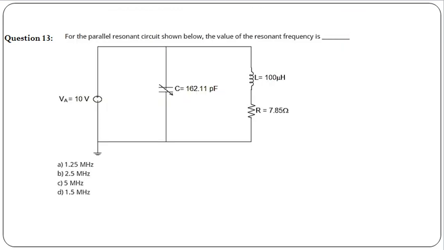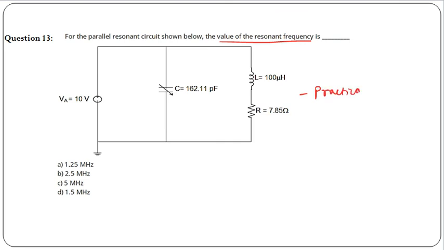Next question is, for the parallel resonant circuit shown below, the value of the resonant frequency is. Here we are having two parallel branches. One branch consists of a capacitor and the other branch consists of a series combination of R and L. So we know that this is a practical tank circuit.